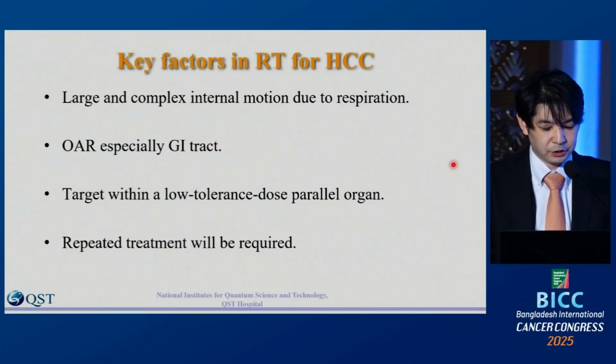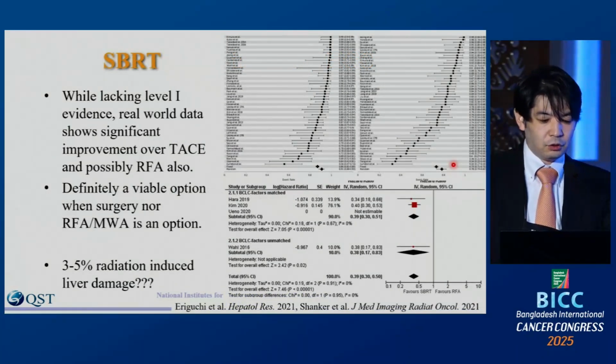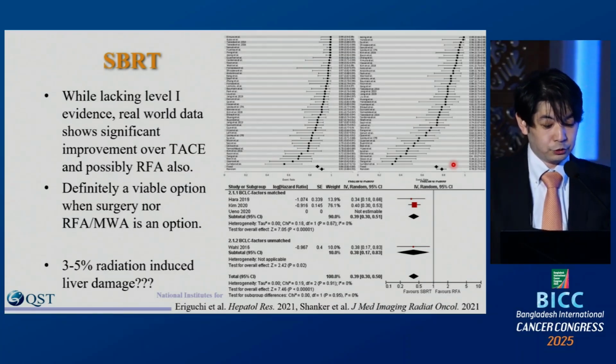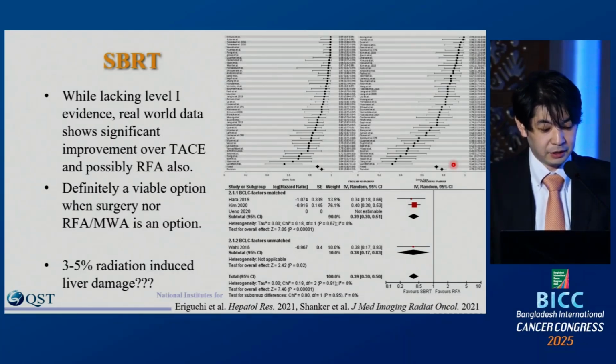And you have to consider repeated treatment. With SBRT, while lacking level 1 evidence, real-world data shows significant improvement over TACE and possibly RFA also. It is definitely a viable option when neither surgery nor ablation is an option.